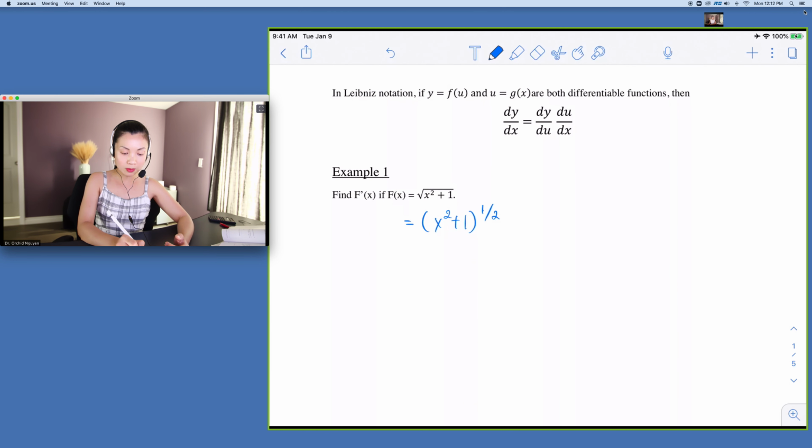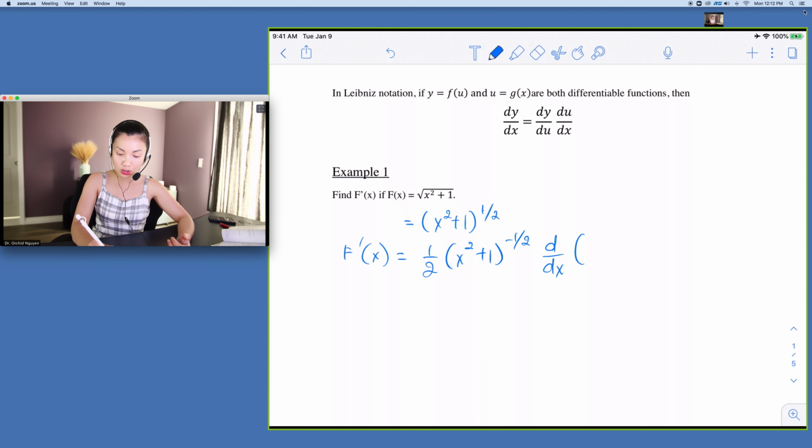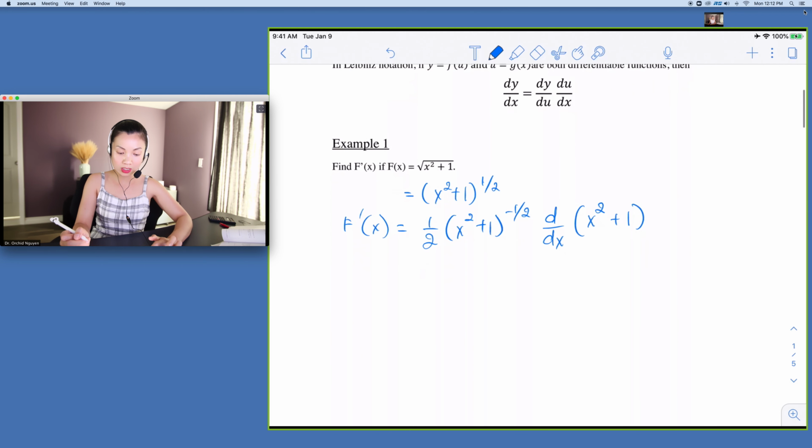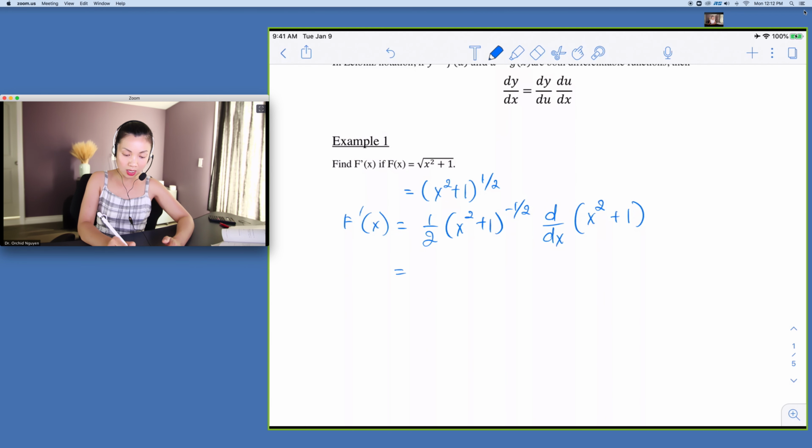Okay, so I'm going to take care of the power rule, which is 1/2 (x squared plus 1) to the negative 1/2. And then we're going to take the derivative of the inner, which is the derivative of x squared plus 1. So I'm just going to rewrite 1/2 (x squared plus 1) to the negative 1/2.